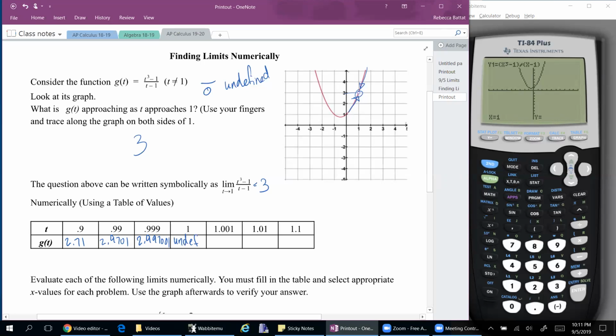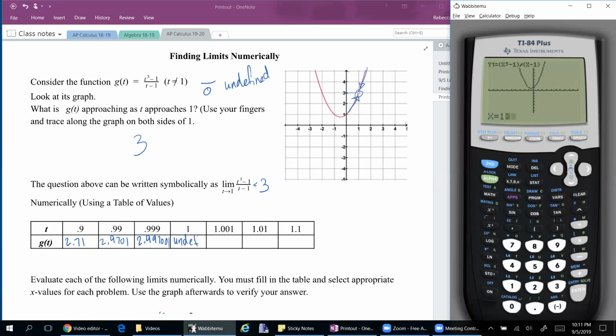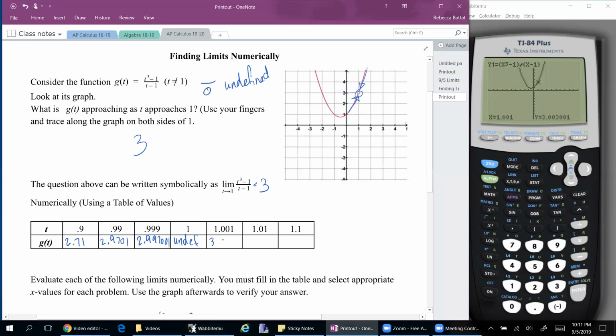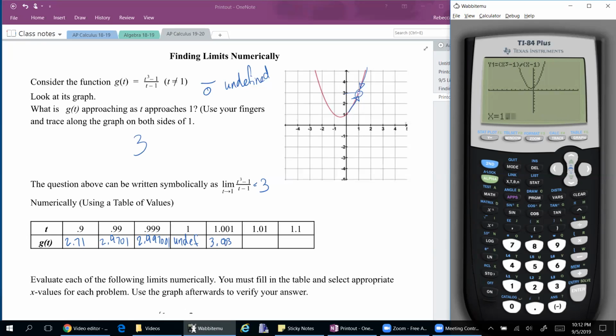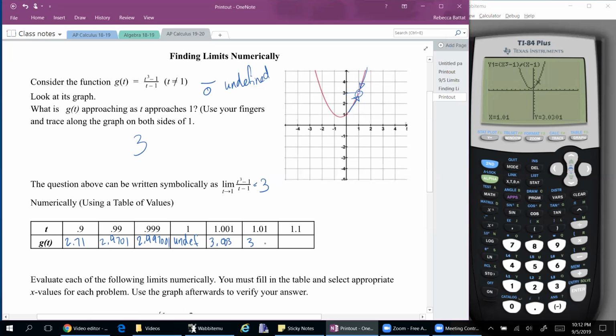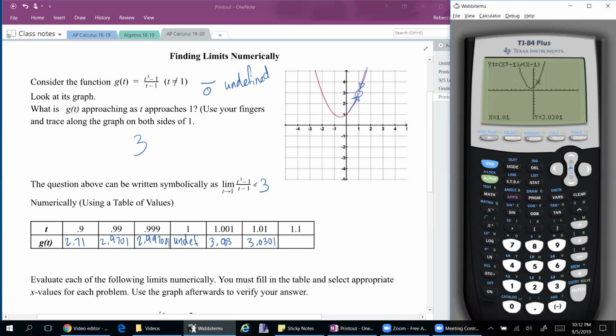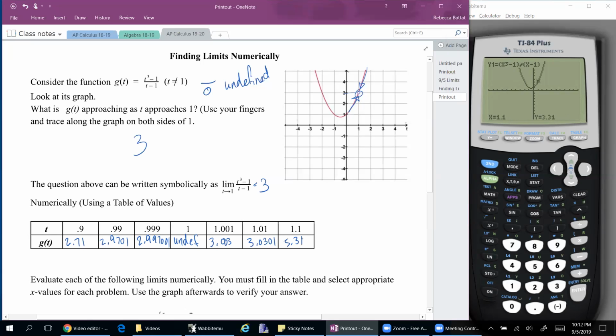If we continue, 1.001, we get 3.003. There's another 0 there. 1.01, we get 3.0301. And 1.1, 3.31.